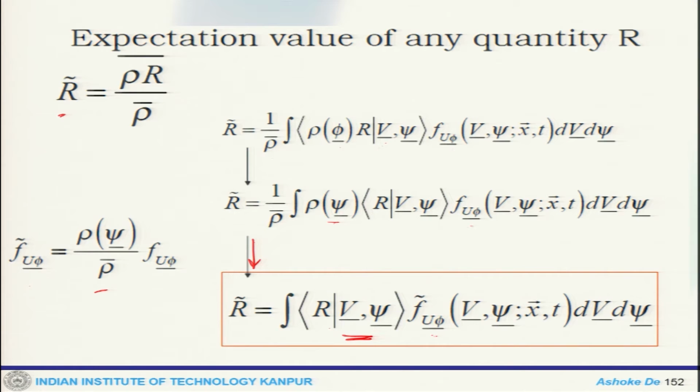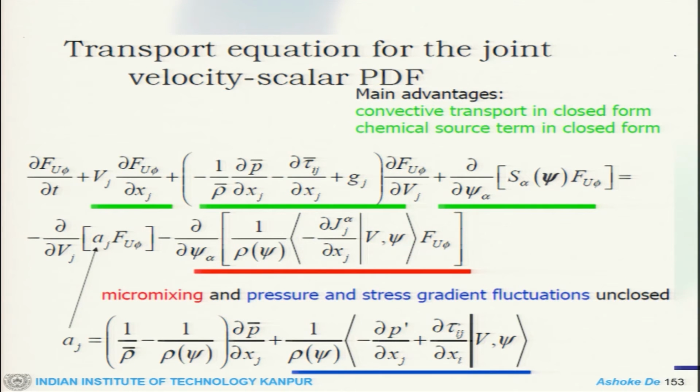Now, the reason we want to see how one can estimate that expected value is so that we can use it. This is a transport equation for the joint velocity scalar PDF. Here, this term is convection, another term is the source term, and then there is the term on the right hand side.